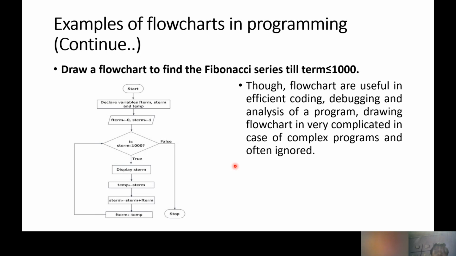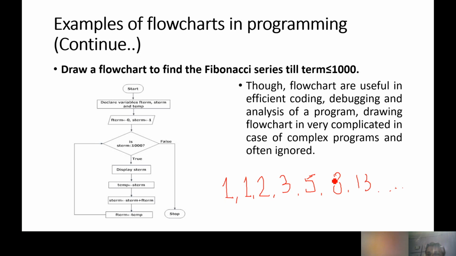It starts with, suppose, 1, then 1, then the addition of these two, that is 2, then the addition of the last two numbers, that is 3, 5, 8, then 13, like that.